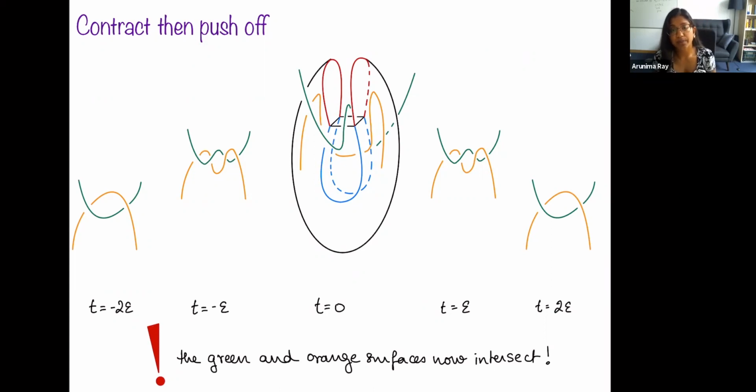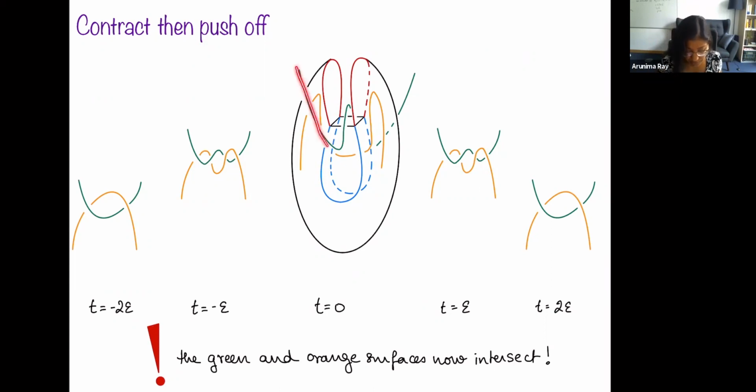When I'm doing this geometric move on these orange and green surfaces, in this sort of sliced time perspective, I can't just do it on a single time slice. I have to do it in a neighborhood because otherwise I'm just breaking apart my surface. I have to do something in this nice, continuous, smooth, and ideally local way.